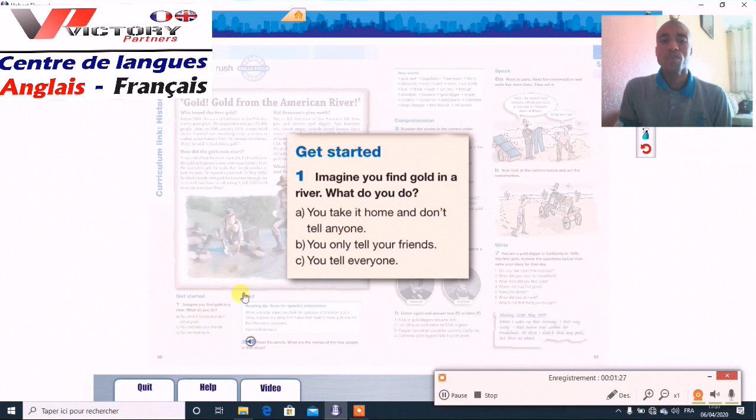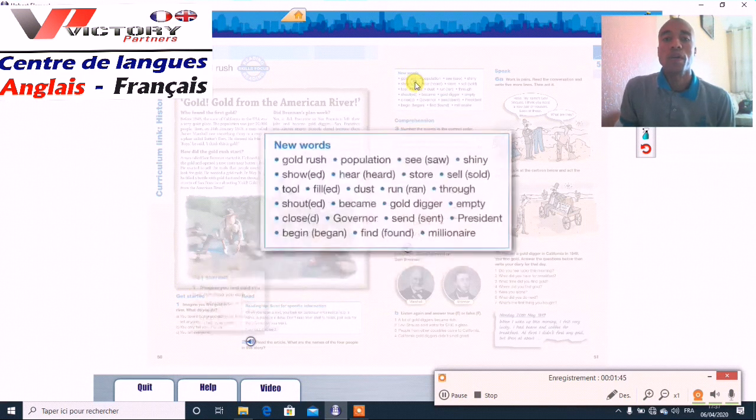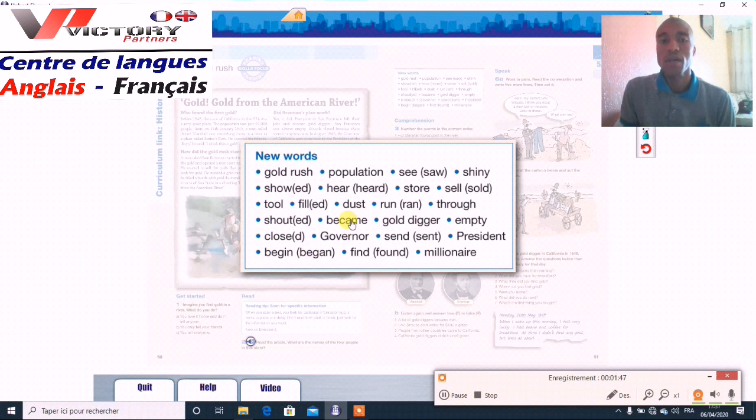Now, before you move to the text, I advise you that it is important to read the title first. You look at the picture, then you explain these words. These words are important to understand the text.